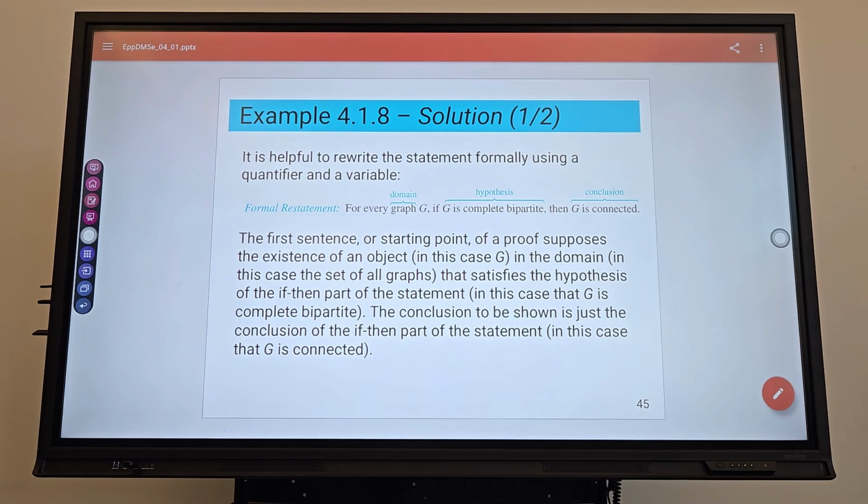In this case, G is a complete bipartite graph. The conclusion to be shown is just the conclusion of the if-then part of the statement. In this case, G is connected.